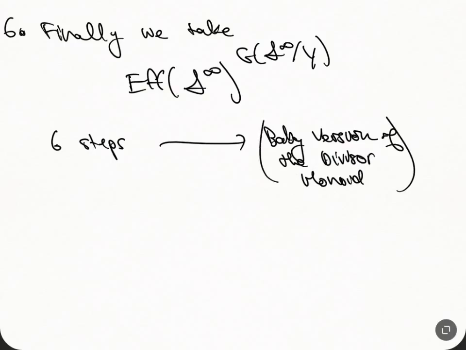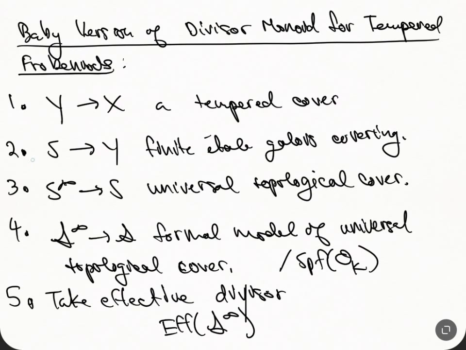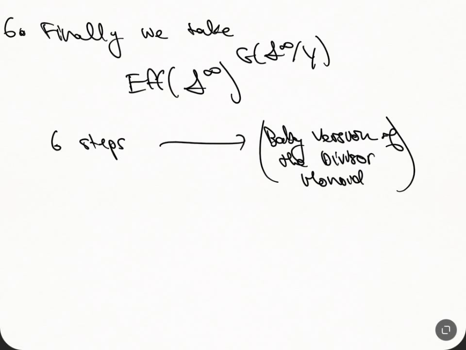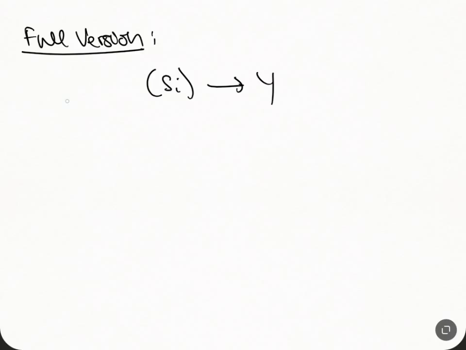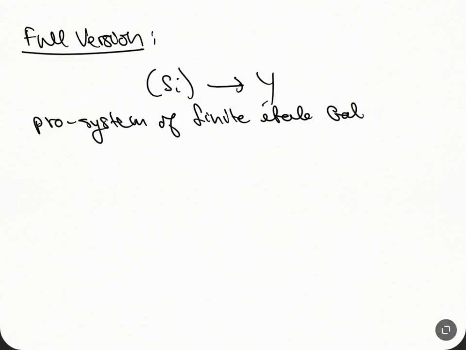So what we're going to fix now is this part here, where we choose this covering. The full version is the following. We're going to take a pro system of finite étale Galois coverings.